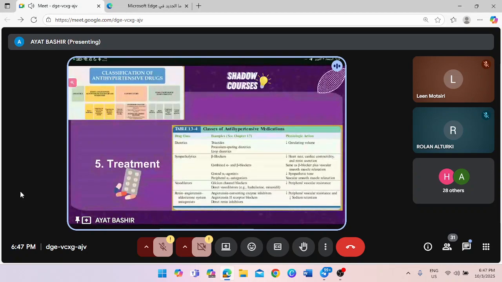The central alpha 2 agonist should be an agonist, not an antagonist or blocker. Also, we have the vasodilators, which will decrease the vascular resistance and dilate the vessels. And then we have the RAS antagonism for peripheral vascular resistance and sodium retention.